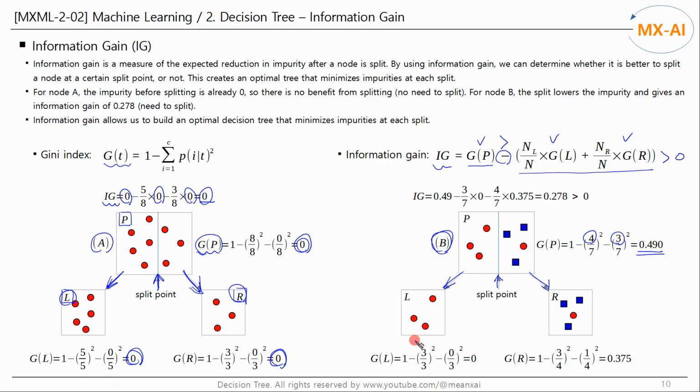The left child node has only 3 reds, so its Gini index is 0, and the right child node has 3 blues and 1 red, so its Gini index is 0.375. Let's calculate the information gain in this case. If we subtract the weighted average Gini index of the child nodes from the Gini index of the parent node, we get 0.278.